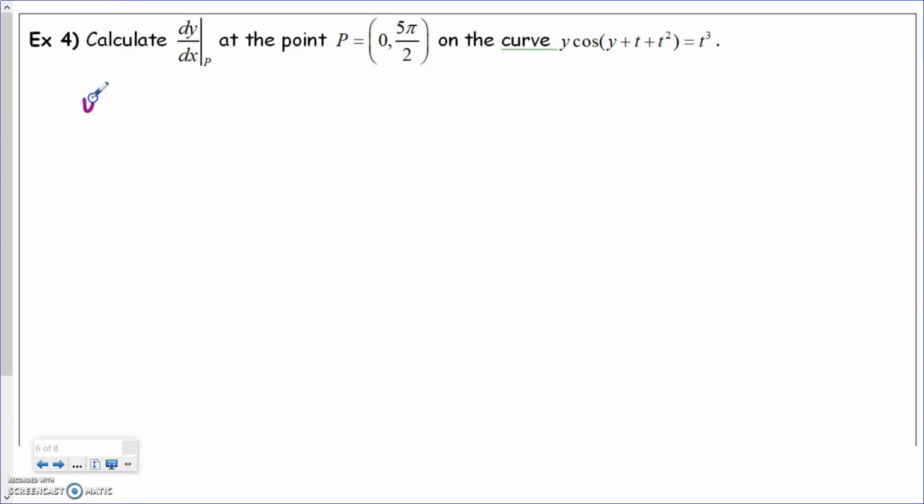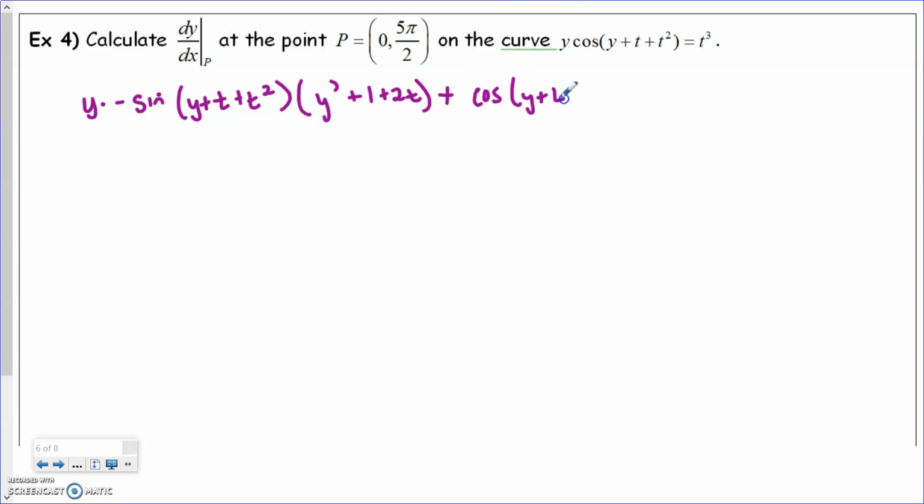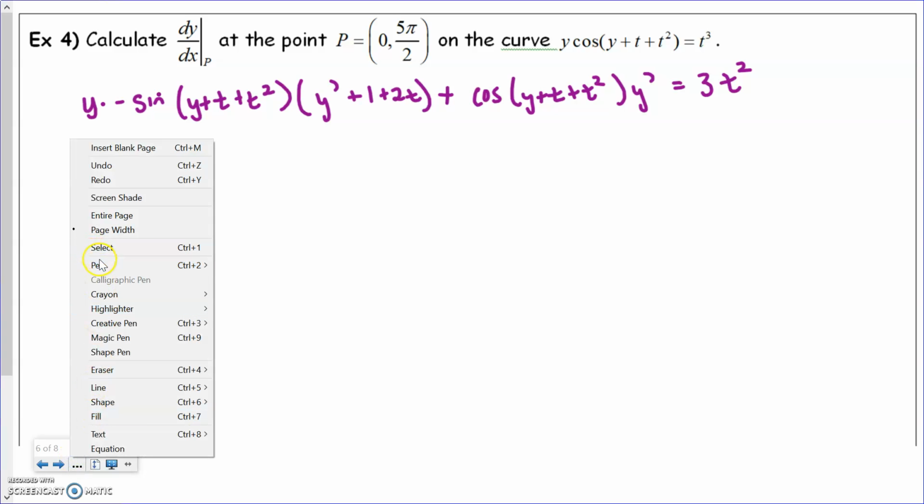So the derivative, 1 times d2, and then we have to use the chain rule, so we have y prime plus 1 plus 2t, okay, plus 2 times d1 equals 3t squared. Okay, this is a huge mess. Let's plug in everything we know and see what happens.